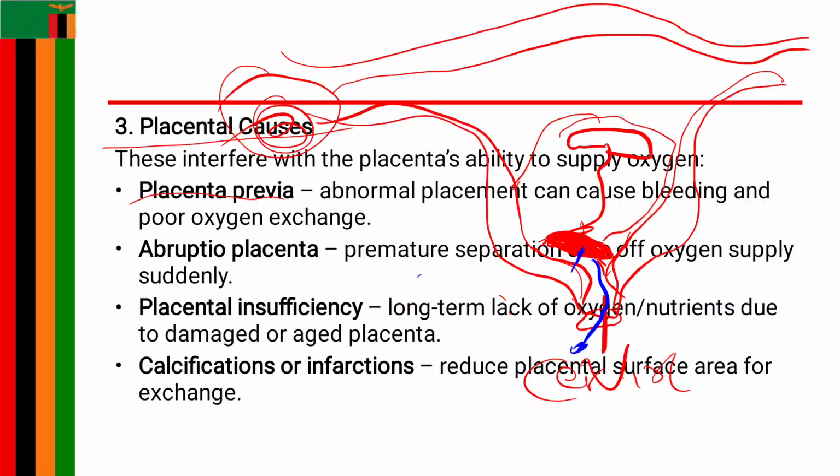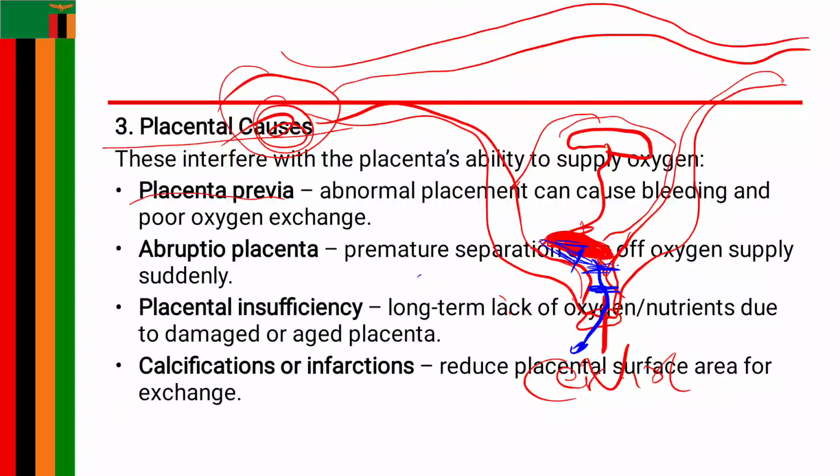Now, remember, placenta previa has grades. There is 1 up to 4. And from 1 to 3, the placenta maternal site, which is this part, is not completely closing the cervix, but it is closer to the cervix. So in these cases of placenta previa, you see the mother bleeding when they are maybe at term, and when they have even gone into labor.